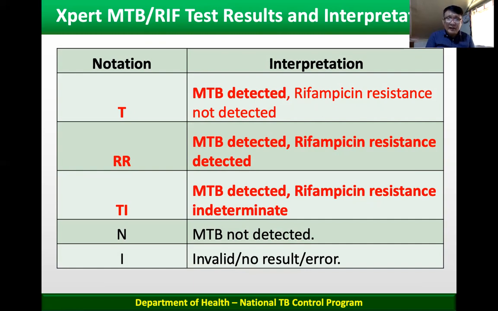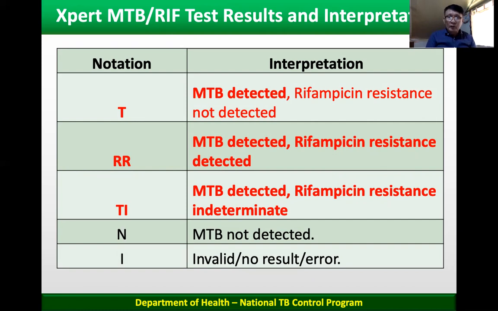This is the thing that twisted my tongue a while ago. Indeterminate. That means it is a sure positive for MTB, but rifampicin resistance cannot be determined yet. So it needs to be retested, and the second test will be final.